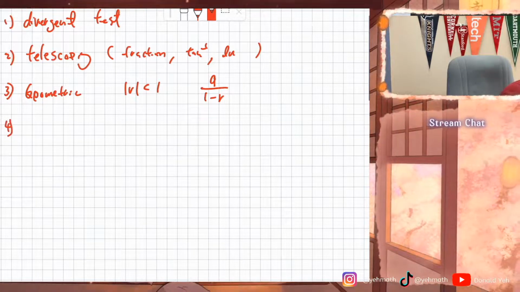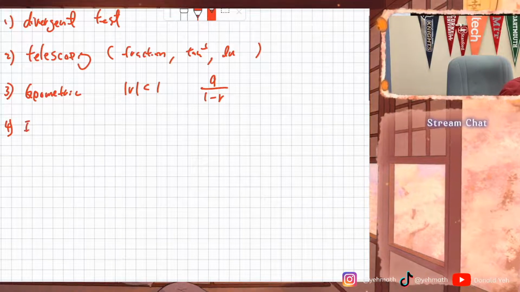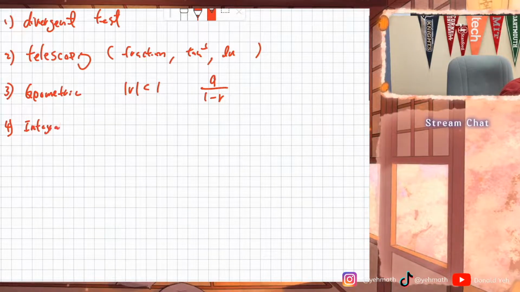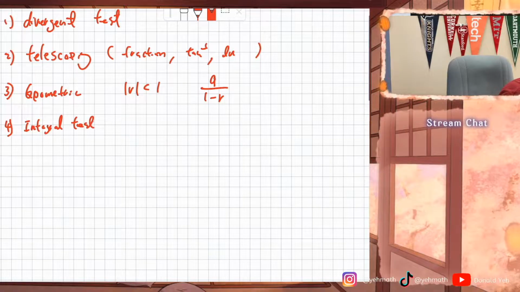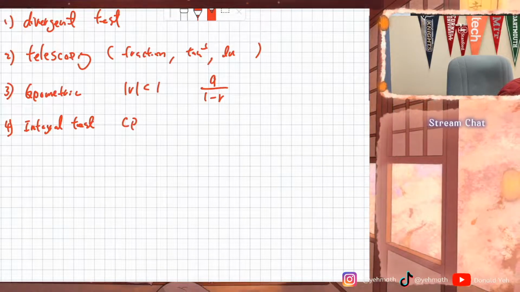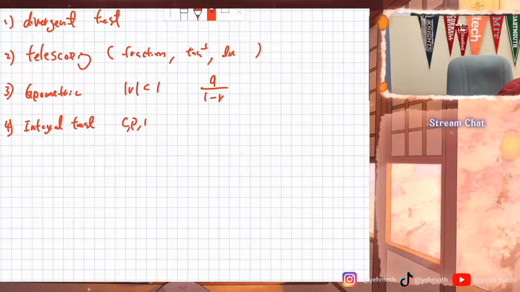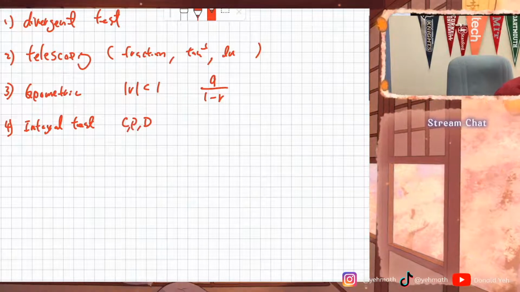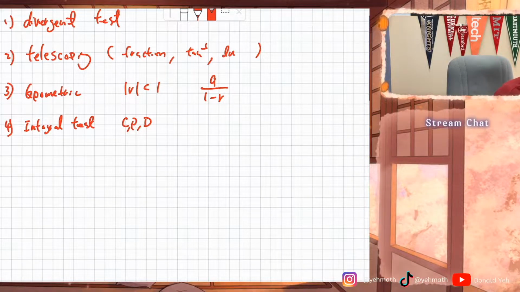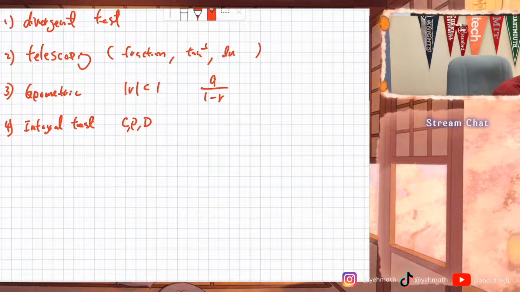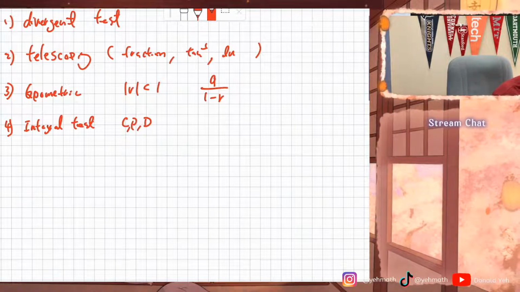What do we learn on the 4th one? Integral test, right? So CPD: continuous, positive, decreasing. If you have continuous, positive, decreasing, then you can do the integral for these things. Wasn't there a test that we would do before the integral test?